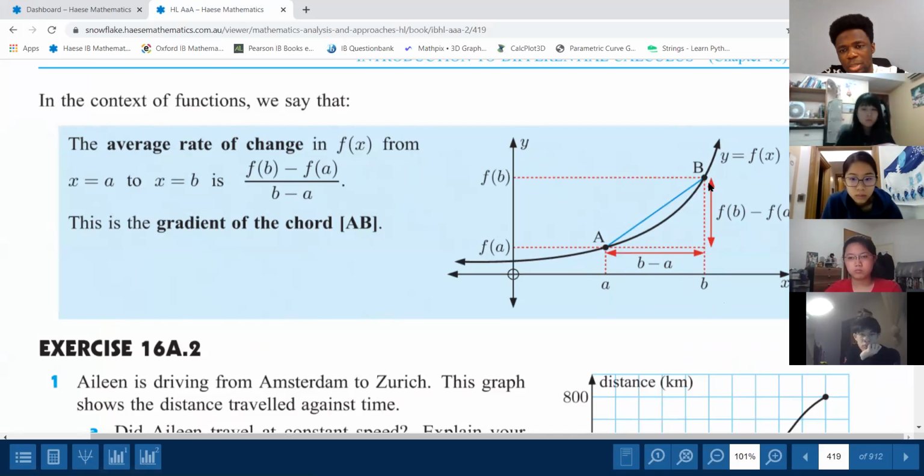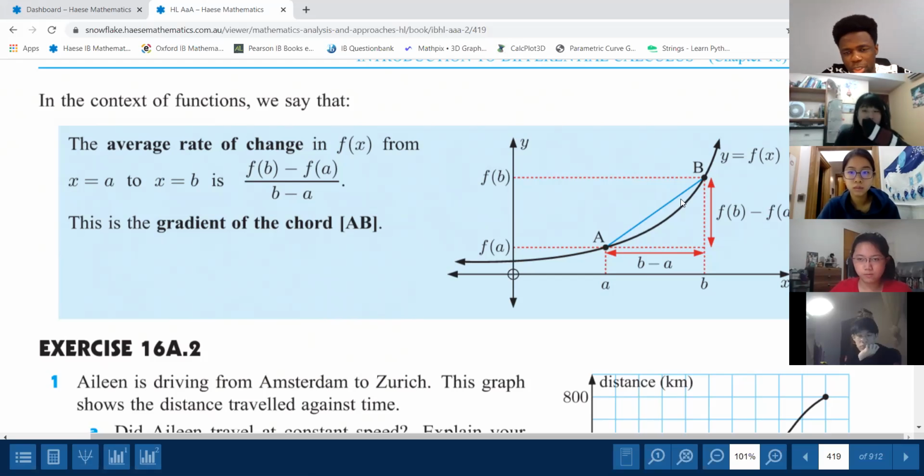So as this gap approaches 0, which means as A and B come together, this secant or chord becomes a tangent. So think of this line as moving down. Are you with me? When this line moves down, these 2 points A and B will begin to come together on the curve.